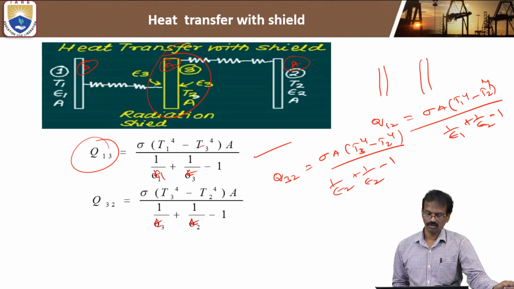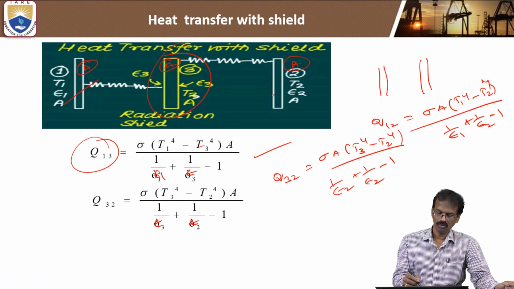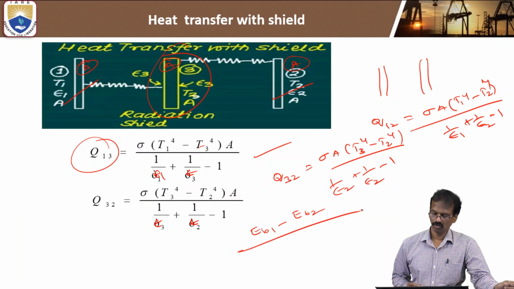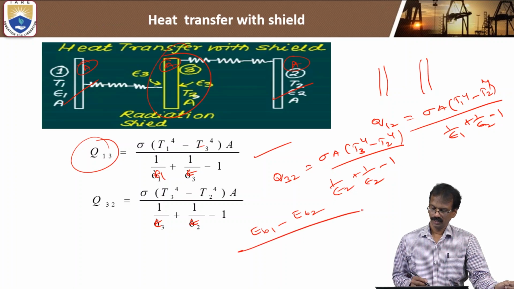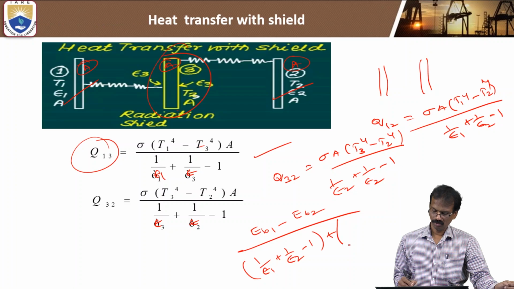Next, heat transfer between surface 1 and surface 2 is Eb1 minus Eb2 by the total resistance. What are the resistances here? 1 by epsilon 1 plus 1 by epsilon 3 minus 1, plus 1 by epsilon 3 plus 1 by epsilon 2 minus 1.